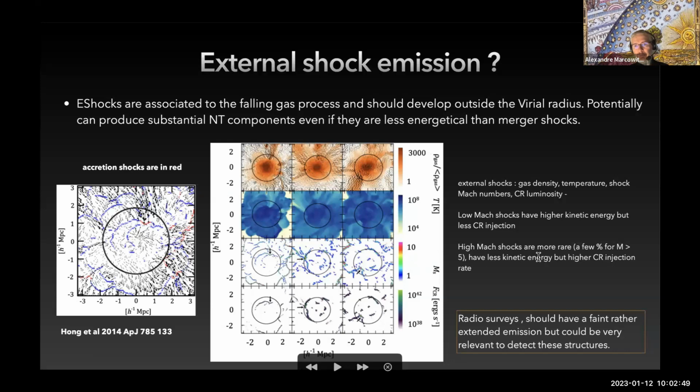These high Mach number shocks are moving in a lower density medium, so that means that maybe they can inject fewer particles, but with a higher efficiency, whereas internal shocks can inject more particles, but with a lower efficiency, because you have a higher density of the thermal gas. Whatever, detecting these external, large-scale shocks at radio wavelengths would be a really added value.